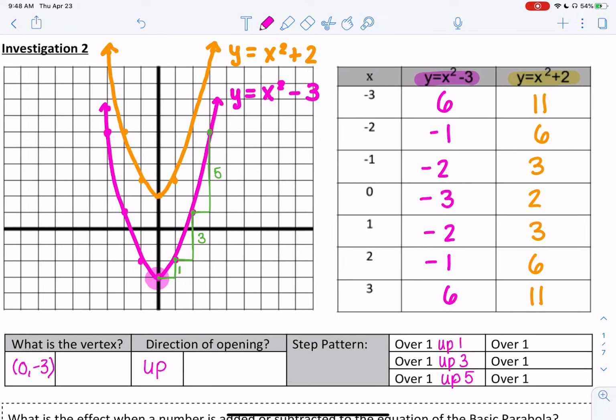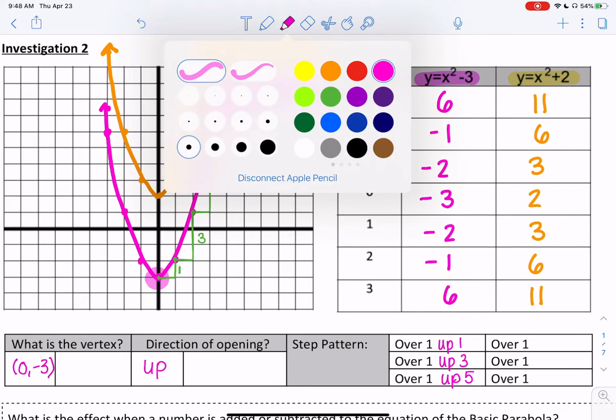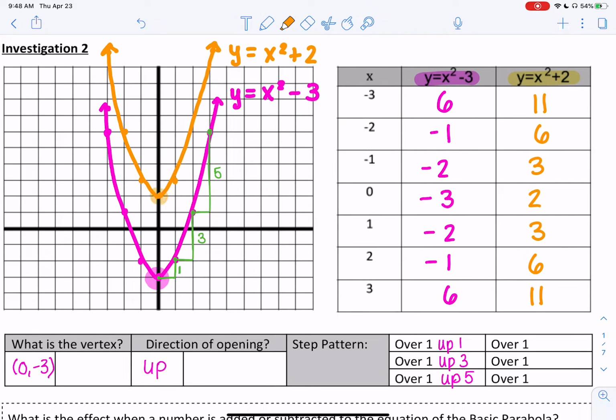So now let's address our orange one. So for the orange one, my vertex here is our turnaround point. So I'm going to highlight that. And our vertex here is going to be at (0, 2). And the direction of opening for this one is also going to be up. And then again, we need to find our step pattern.